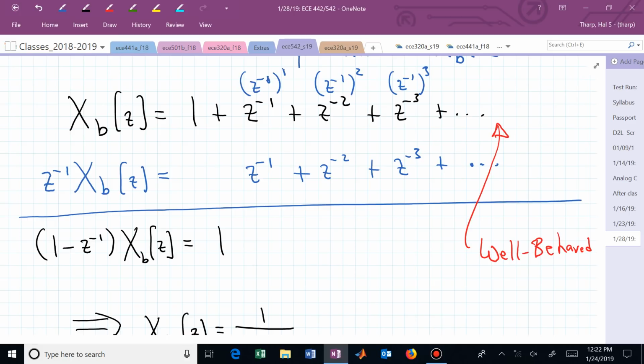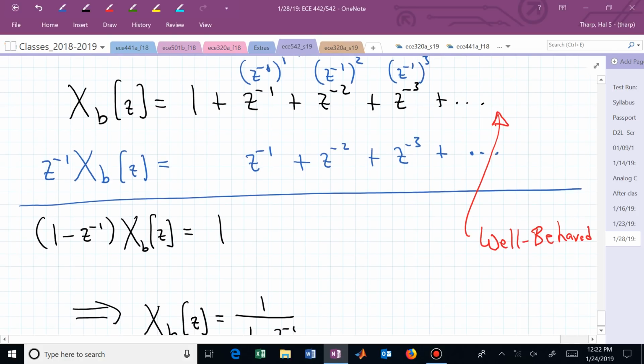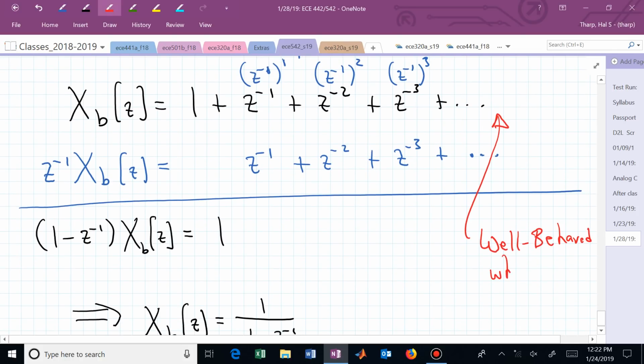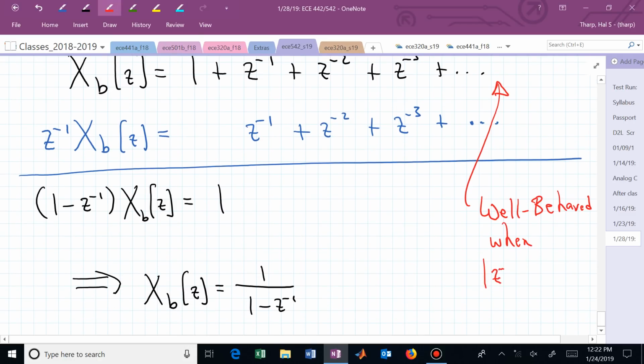If we start raising a number with a magnitude bigger than 1 to a higher and higher power, that's going to go unbounded, so it will not be well behaved. But the right-hand side of both of these expansions will be well behaved when this common ratio, z to the minus 1, is less than 1.